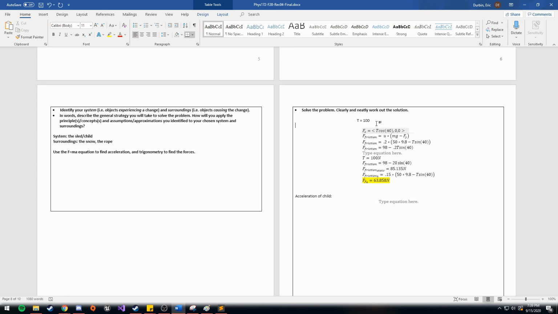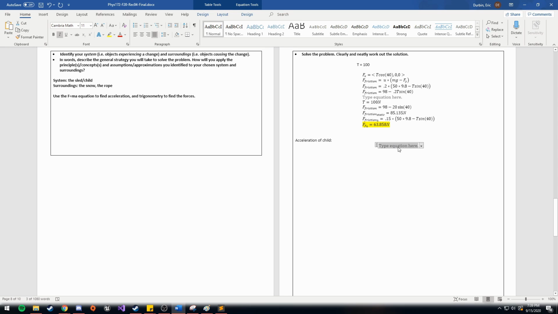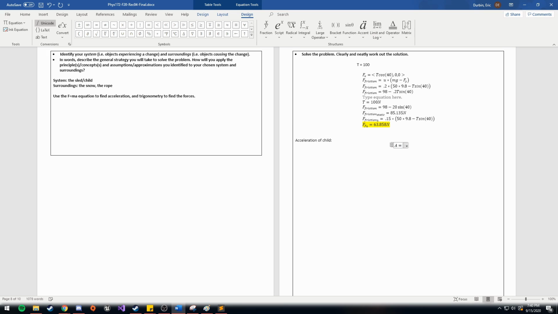I think we need to redo this when T is 140. Redo everything. Yeah. Wait, the acceleration would just be the force divided by mass. But what did you guys get for the x component of force for T? 76.604. That's what I got. Yeah, I got the same.